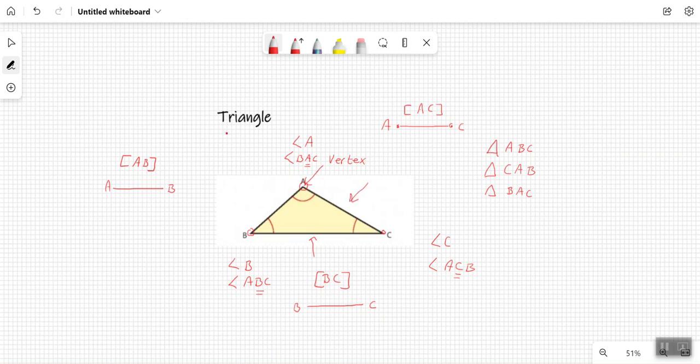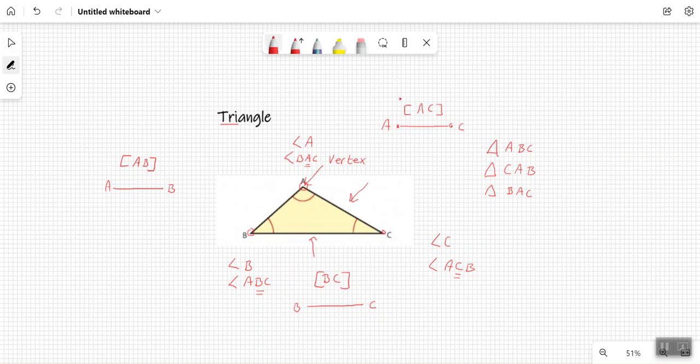Now, what's important as well: a triangle has 3 angles and 3 sides. If we take all of the angles in a triangle, they have to add up to 180 degrees.